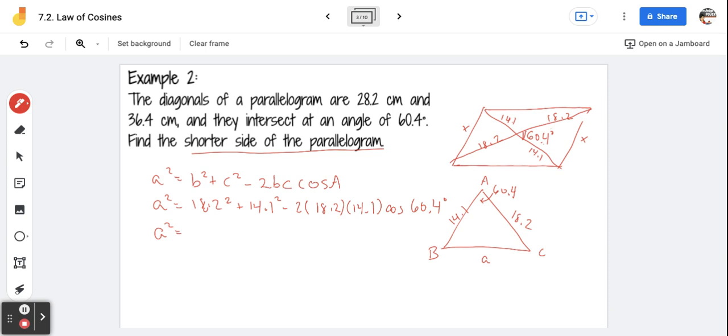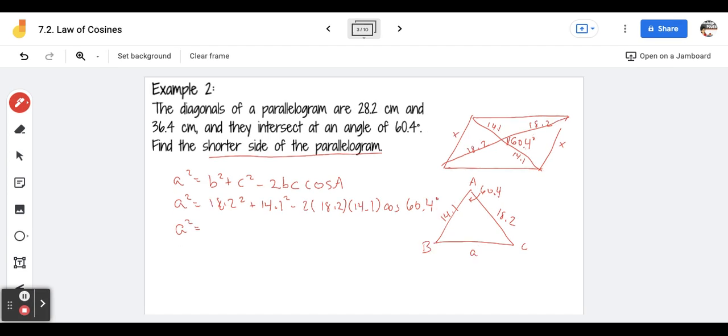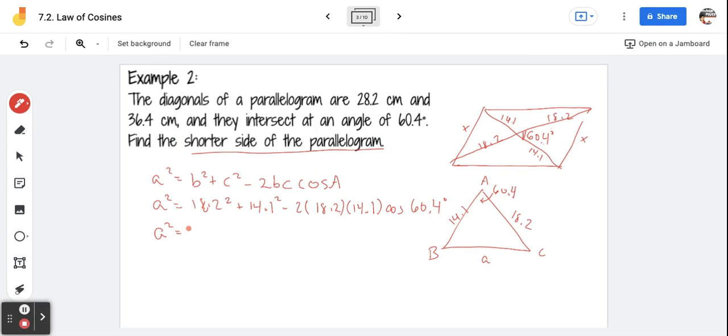And I'm in degree mode. I want to make sure. Yes. All right, so I get 276.5. So A squared is 276.5.